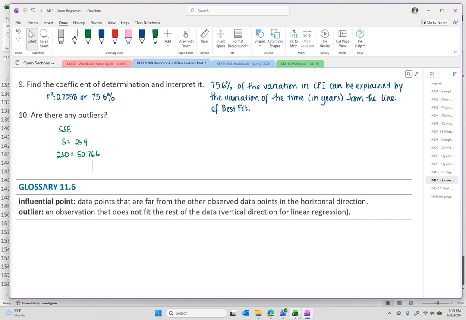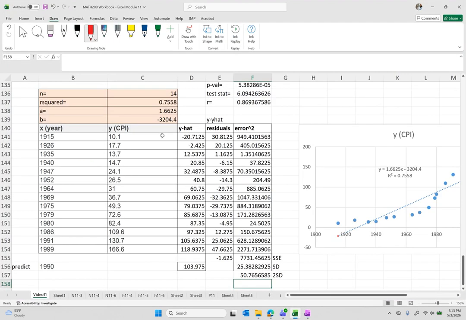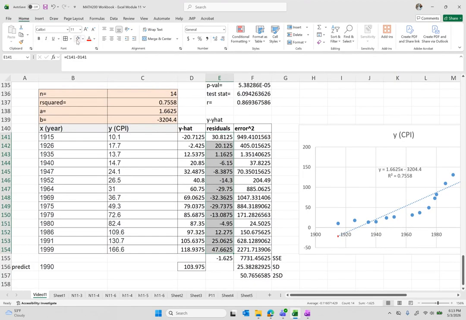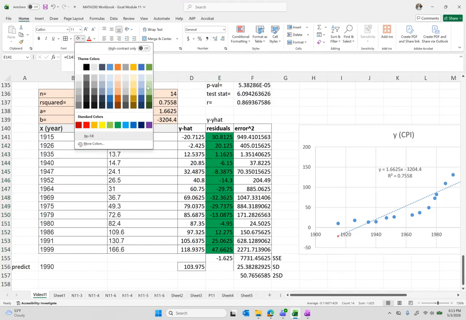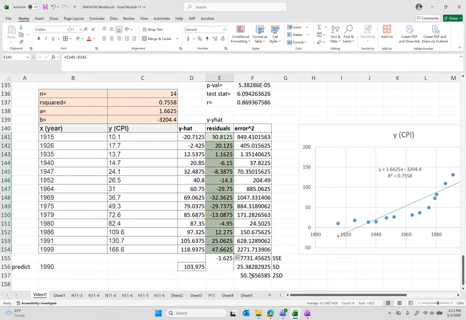So then I want to look and see if there is any point that has a residual, I'm sorry, not a Y hat, a residual that is more than this 50.7 or less than a negative 50.7. And I do have a 47, but it's not too far to be considered an outlier.